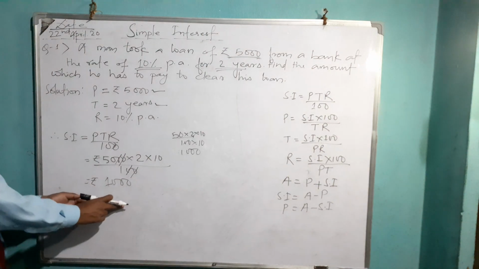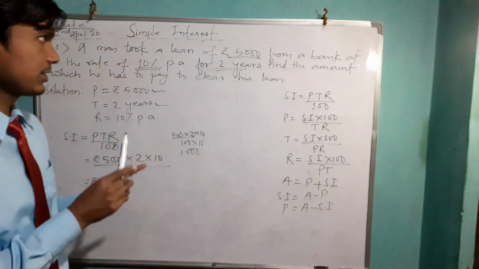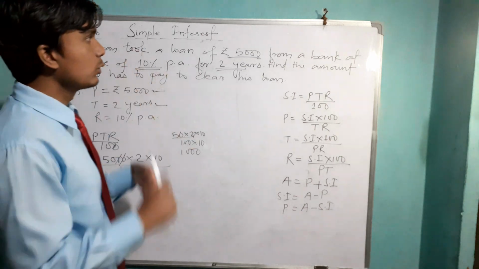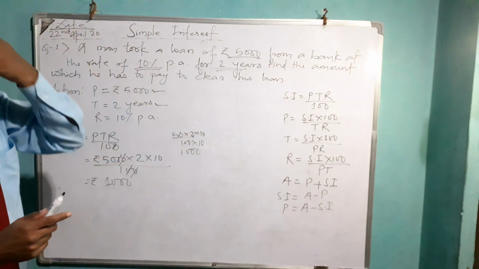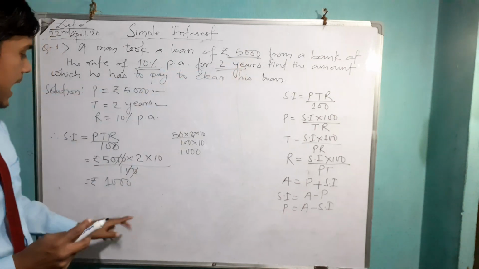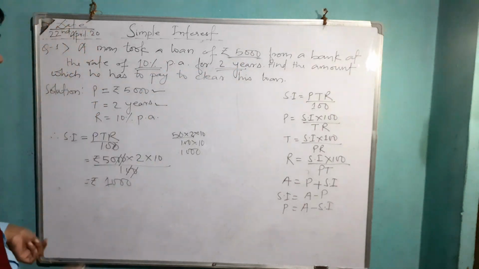So here interest means the man has to pay extra money to the bank, that is 1000, and the loan amount which he has taken, 5,000. The amount means the principal, that is 5,000, and the interest altogether, which he will pay in the form of amount so that his loan will be clear.